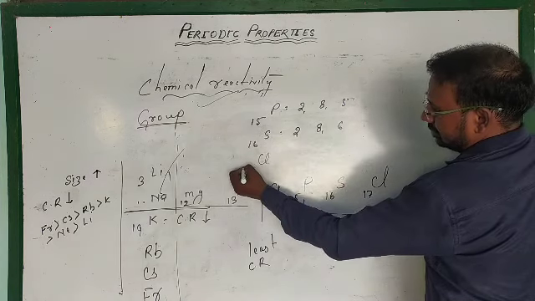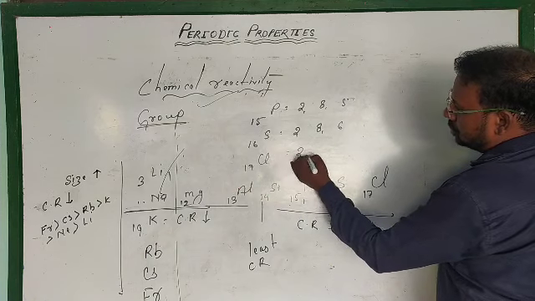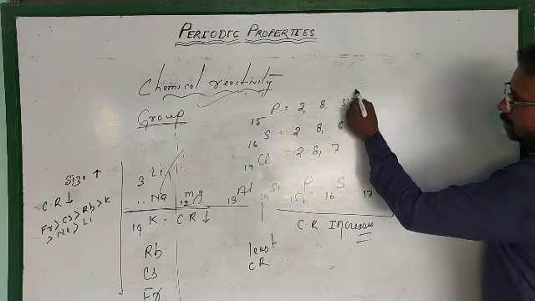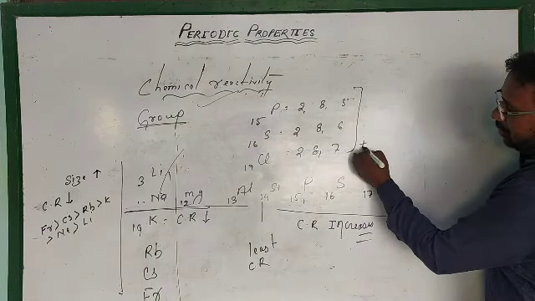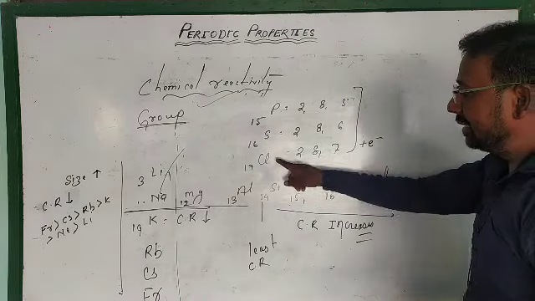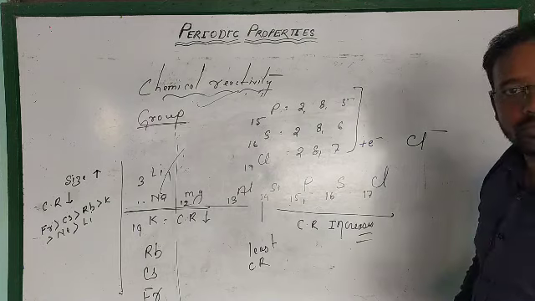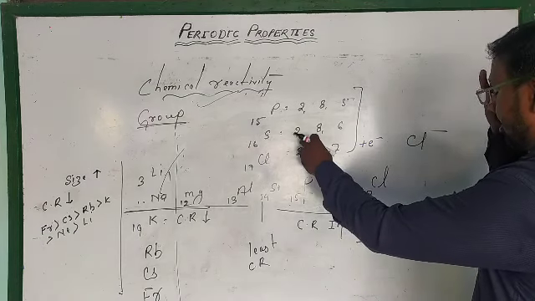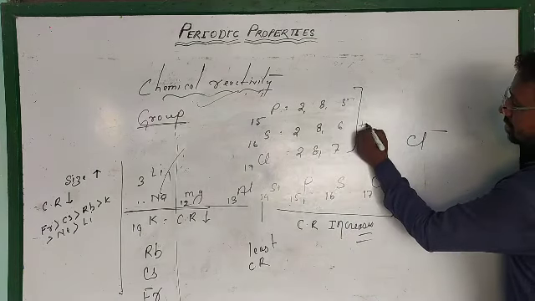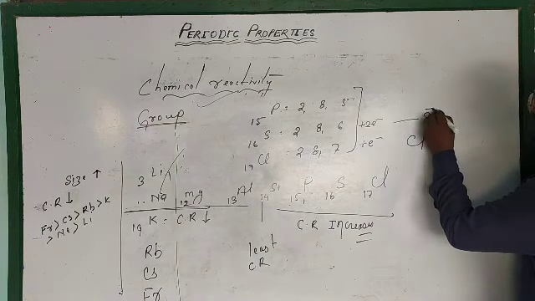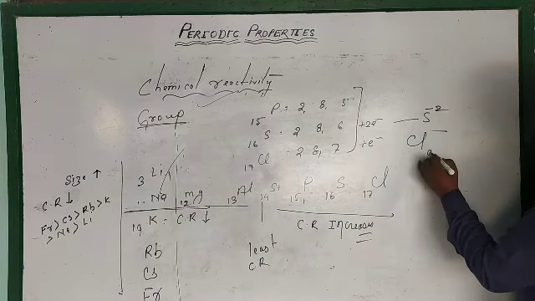And chlorine, 17: 2, 8, 7. You can see chlorine requires only 1 electron, and it is easy to gain 1 electron and become a negative charge. But in the case of sulfur, it requires 2 electrons to become the negatively charged particle, meaning the anion.